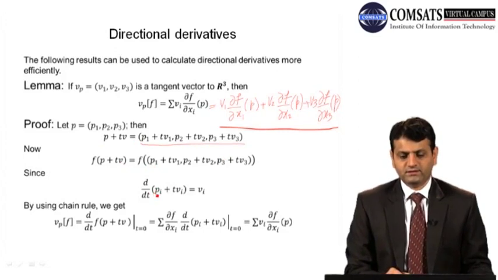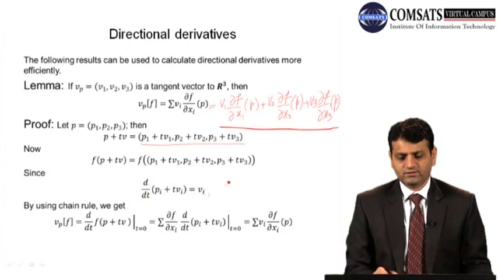And in order to use the chain rule, we need these expressions d by dt of pi plus tvi. So what is d by dt of p1 plus tv1, where p1 is just a number, and v1 is the first coefficient of the vector?